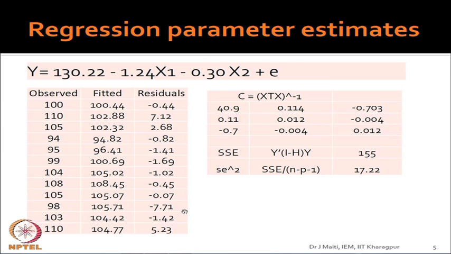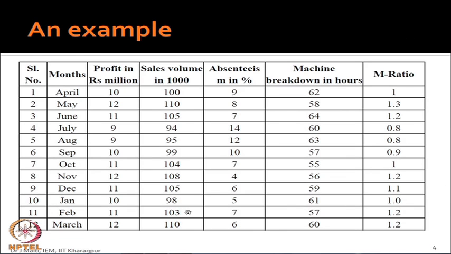Now, can you find out, for the data we have seen here, whether a multicollinearity problem is there or not? How do you proceed?